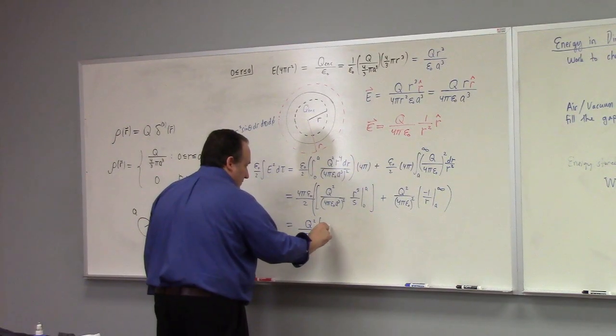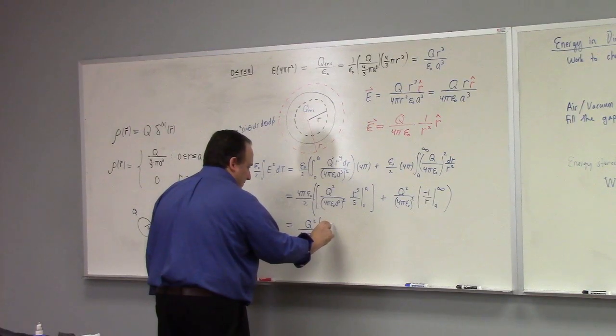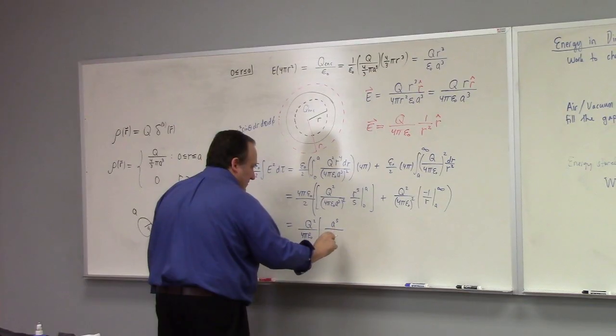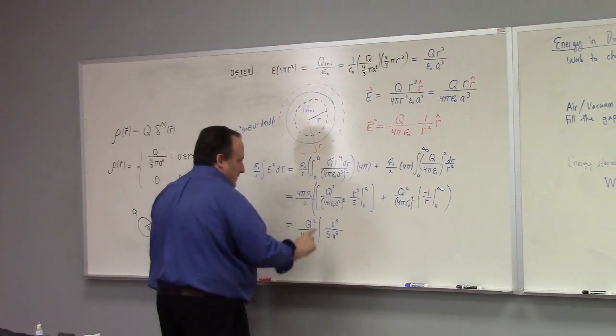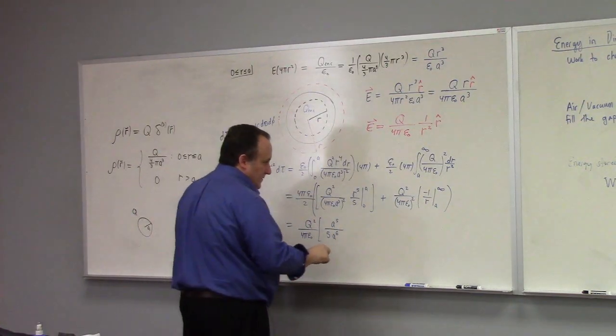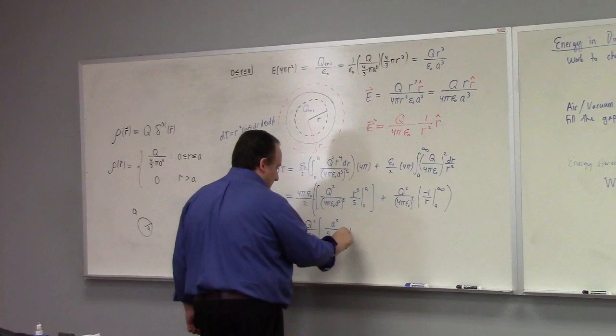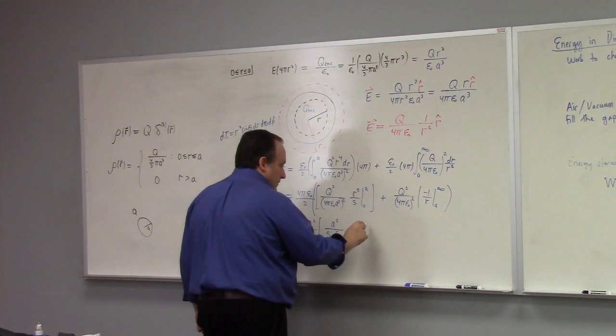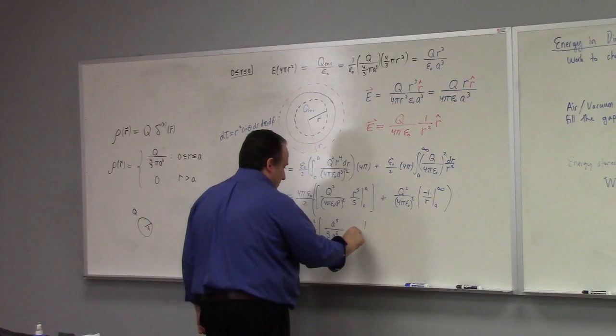And then I get a to the 5th over, what? 5a to the 6th, did you say? And the 0 gives us 0. And then over here, plus, I think just 1 over a, right?